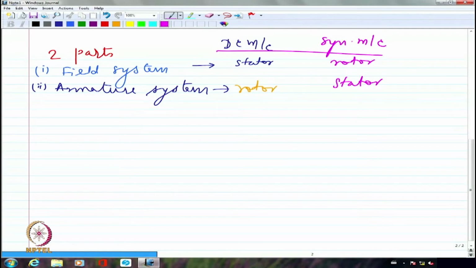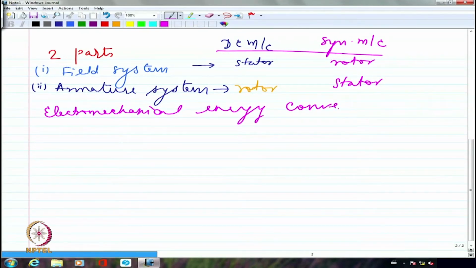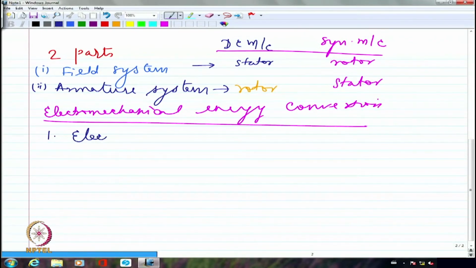So let us say, first of all, in electromechanical energy conversion systems, I am going to have mainly three portions being looked into. One is the electrical input.